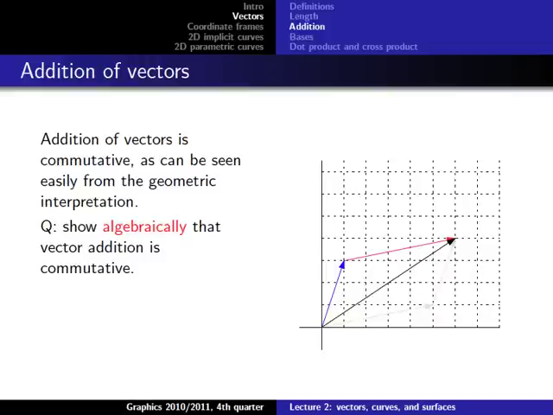So that means if I take a vector v and add it with a vector w, I get the same result as if I take the vector w and add the vector v. And of course, this is intuitively clear from the image. It's sometimes also called the parallelogram rule.